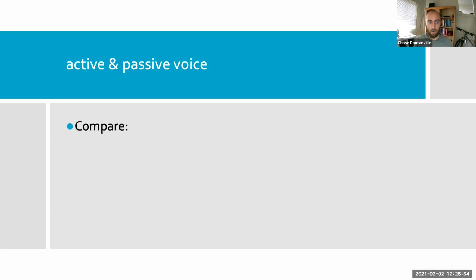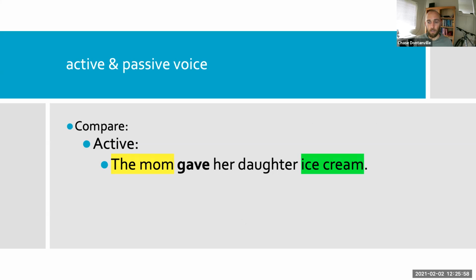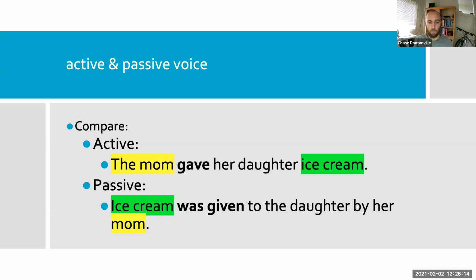So let's compare. Active sentence: The mom gave her daughter ice cream. So the mom is the subject and the doer of the action, gave. And then ice cream is the object. Now, let's change this to passive. Ice cream was given to the daughter by her mom.